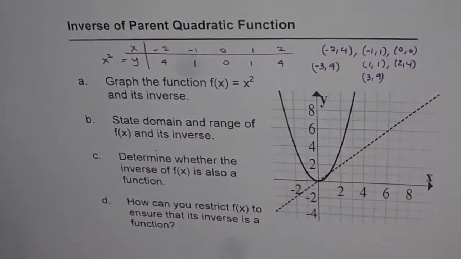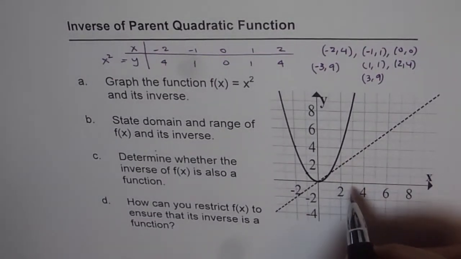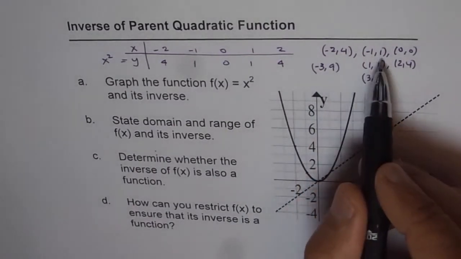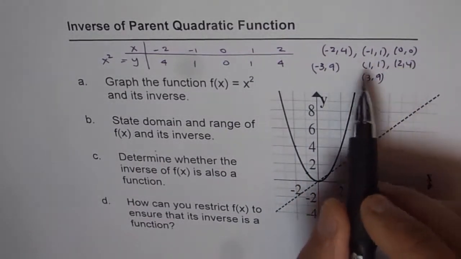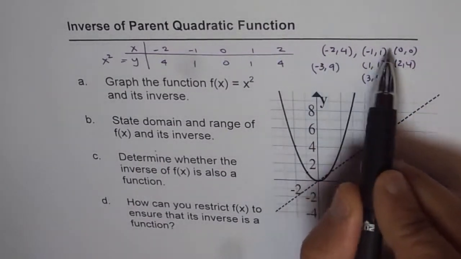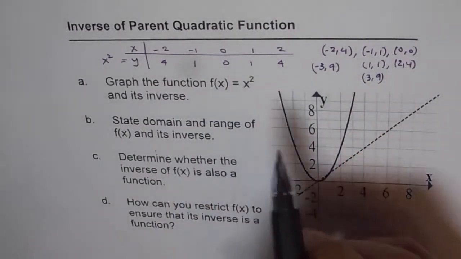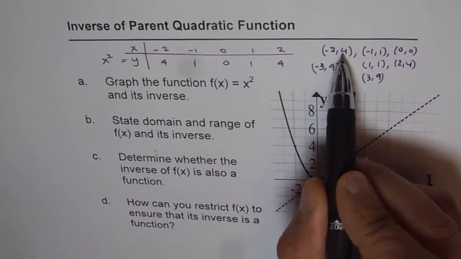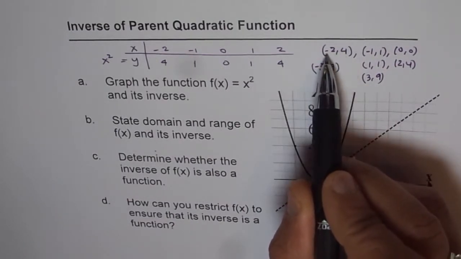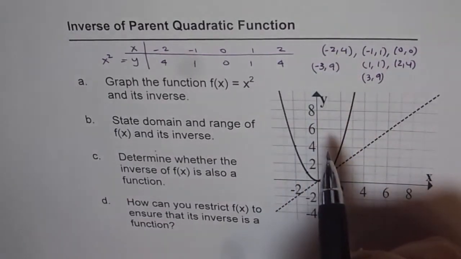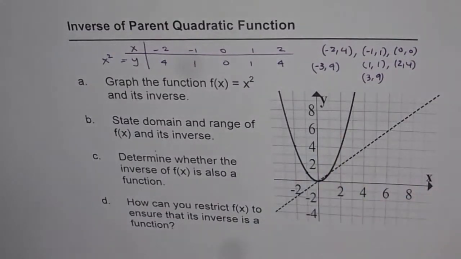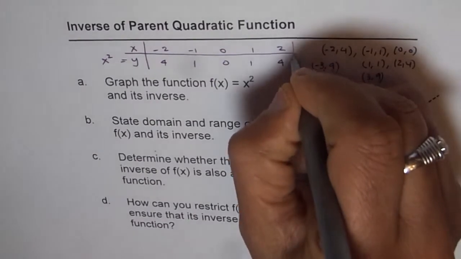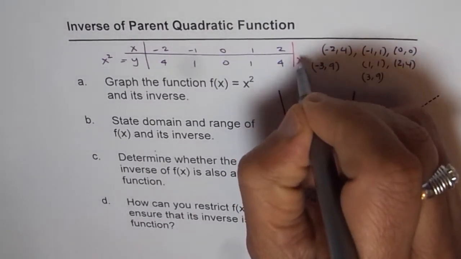Now to find the inverse, one method is that we can swap these points. Take the first five points which I have considered. If you swap -2, 4, and write it as 4, -2, I get my inverse function points. Do you get the point? To find the inverse function, we interchange these values: we write x here and y there.